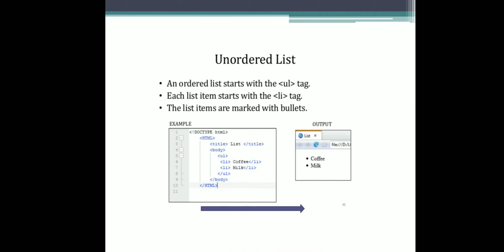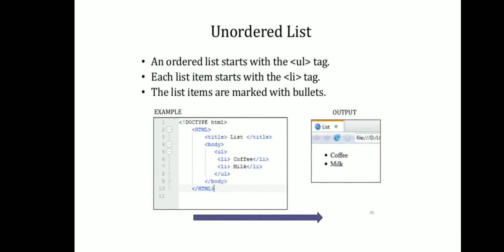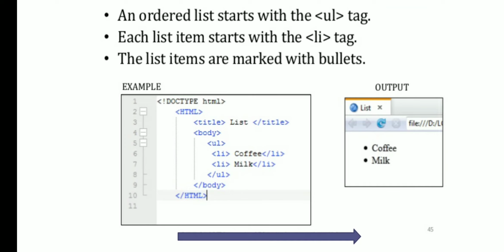Next we'll study the unordered list. An unordered list starts with the UL tag, which is nothing but the unordered list. Each list item starts with the LI tag. The list items are marked with bullets. In this example, it should always begin with the HTML tag, title, and the body.